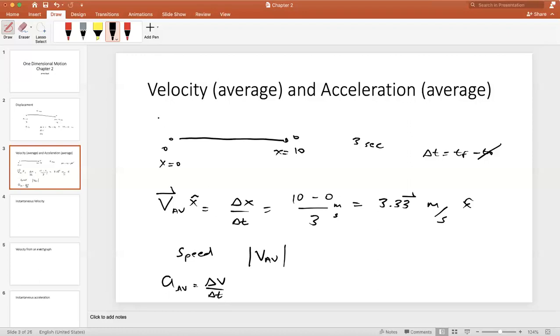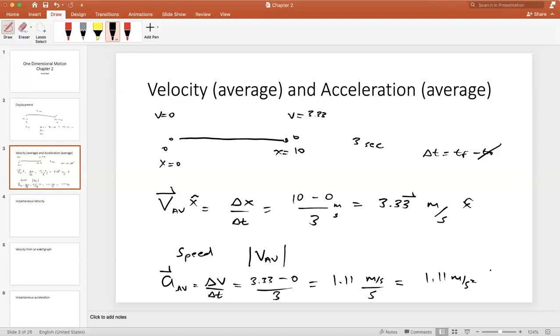So if we started here and our velocity was 0 because we started at rest, and here we were doing 3.33, our change in velocity would be 3.33 meters per second minus 0 over 3 seconds, or 1.11 meters per second divided by seconds, which is 1.11 meters per second squared.